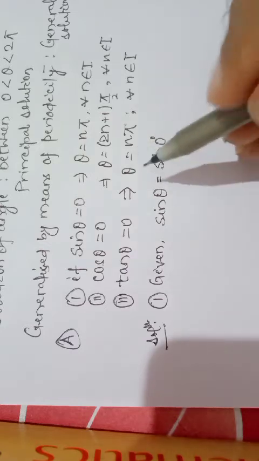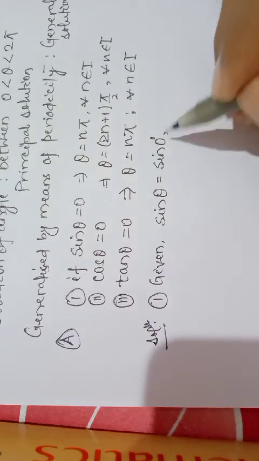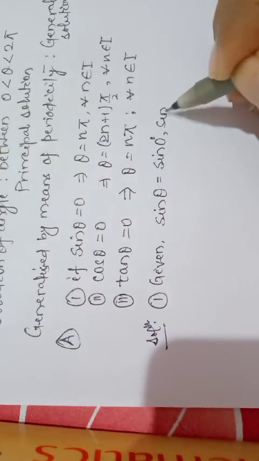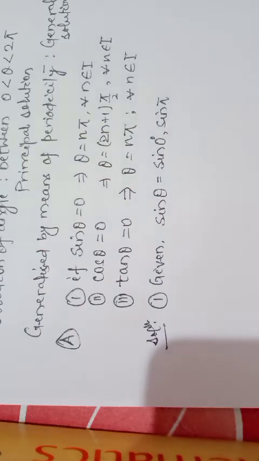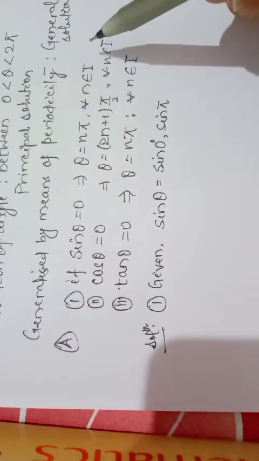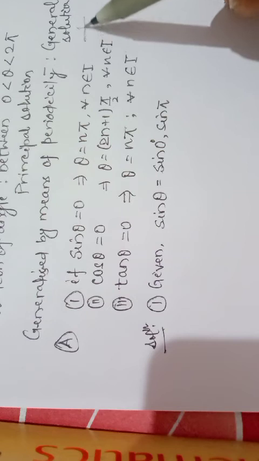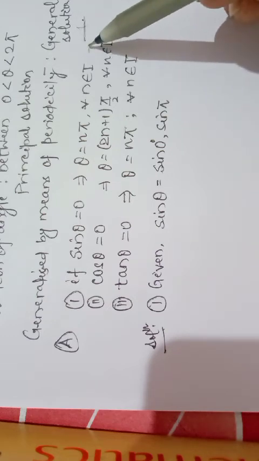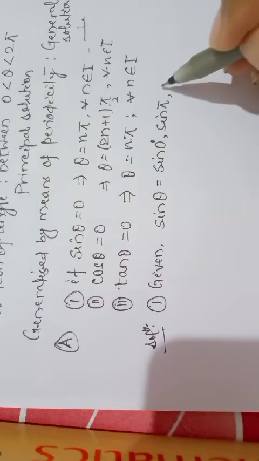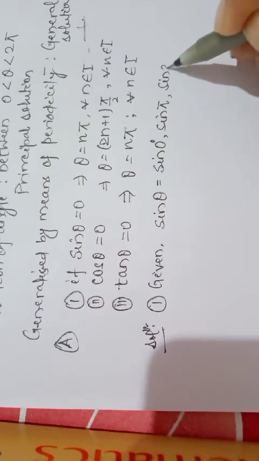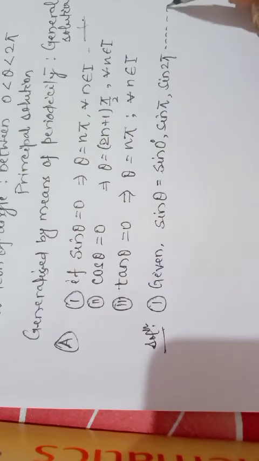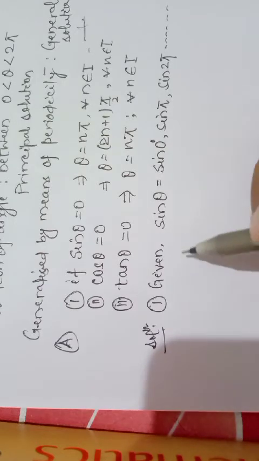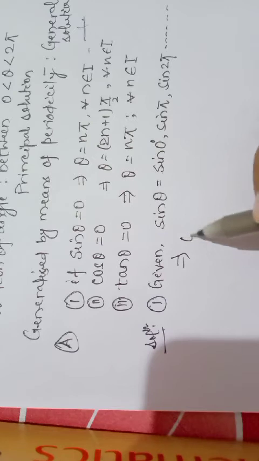Also sin pi is 0, because you already know that on the x-axis the value of sin is 0. So sin pi is 0, sin 2 pi is 0, similarly sin 3 pi, sin 4 pi is 0, and so on.